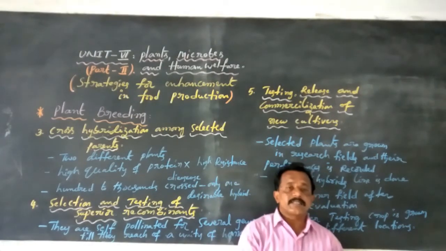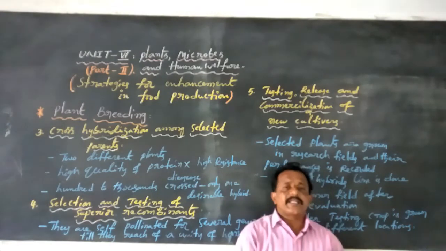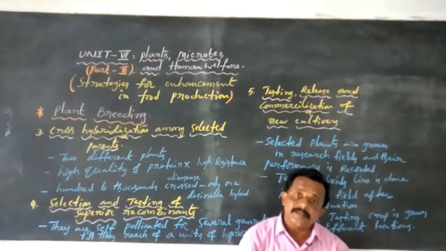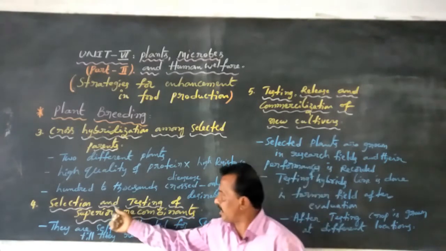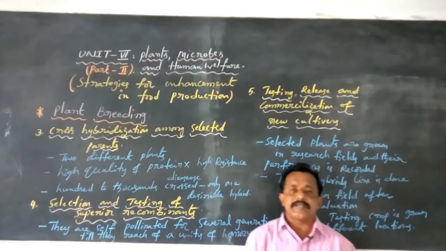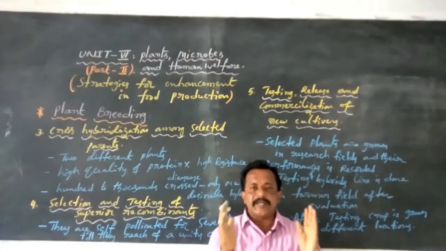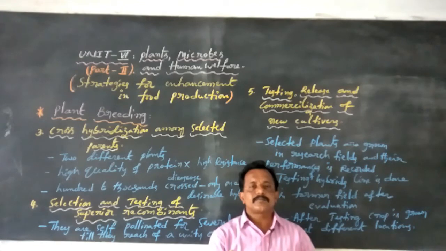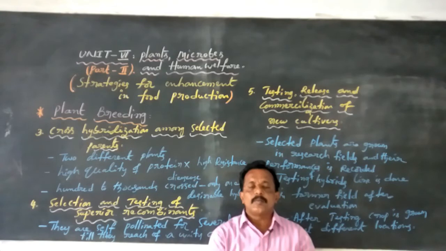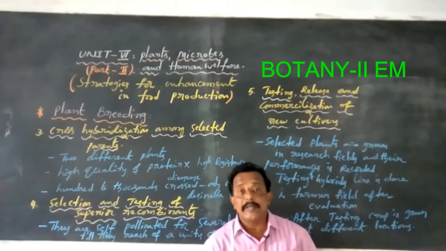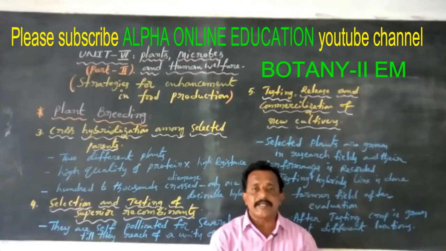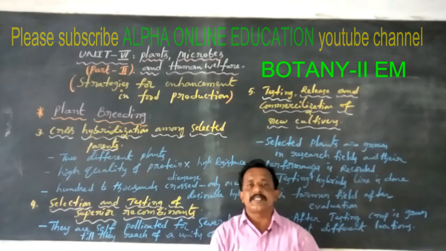So these genes or characters will not segregate in their progeny. That is the importance of selection and testing of superior recombinants. Superior recombinants means the selected hybrid variety of plant containing both parental characters, high quality of protein as well as high disease resistance.